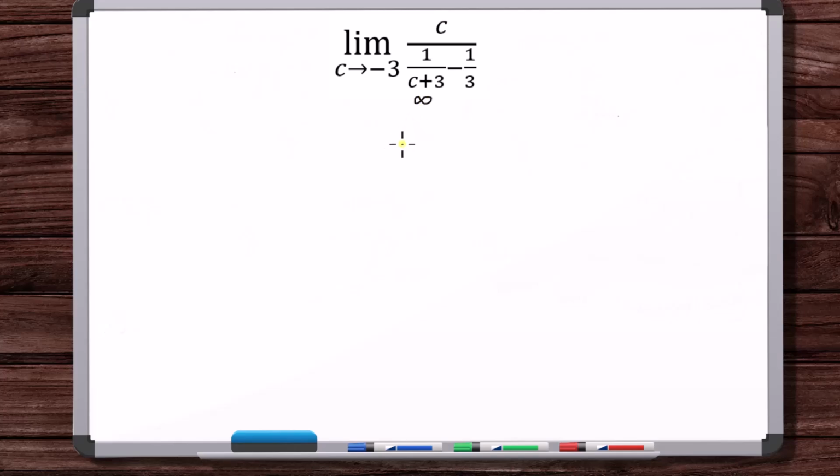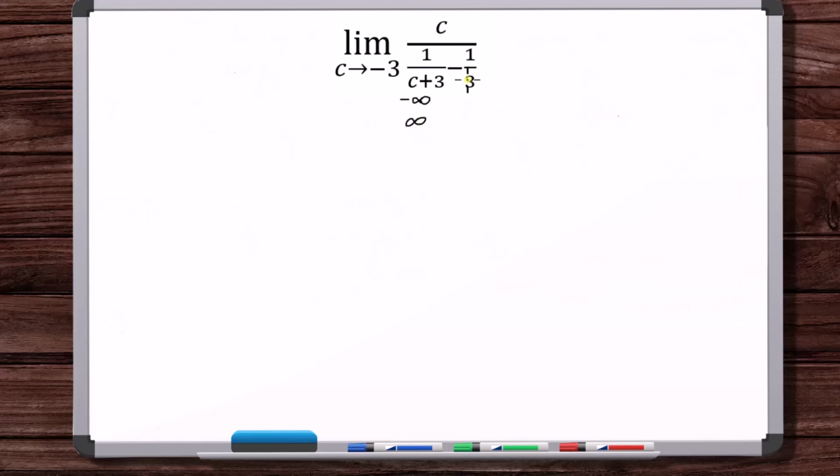And actually, that's not true, because if c is approaching minus 3 from the left, then 1 over c plus 3 is approaching minus infinity. If c is approaching minus 3 from the right, then 1 over c plus 3 is approaching positive infinity.